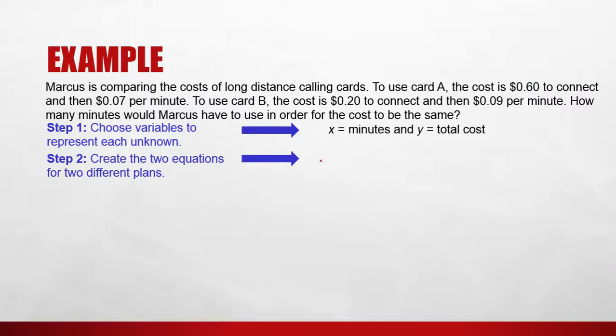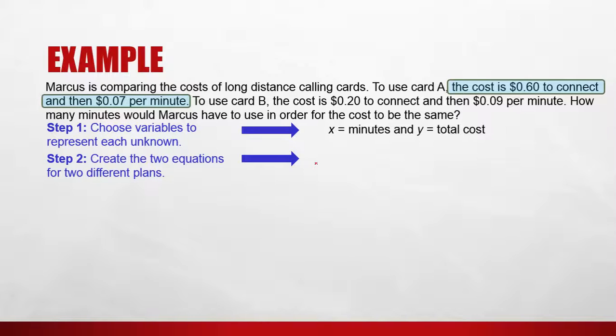Second step, create the equations for the 2 different plans. Let's do card A first. For card A, we know that the cost is 60 cents to connect and then 7 cents per minute after. So 60 cents to connect means 0.60 is your y-intercept, because right off the bat you're starting off at 60 cents. Remember, your slope is your m, and slope is a rate of change.